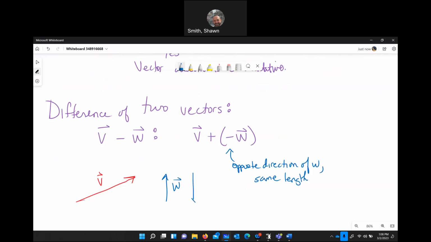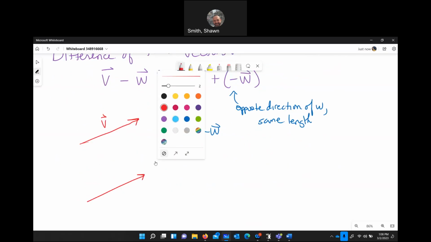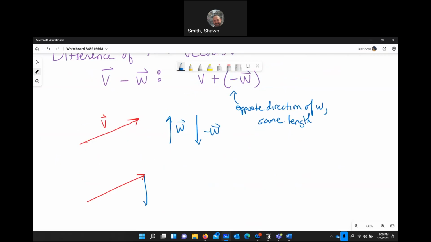So here is negative w. So now I just do the exact same thing I did before, attach to the first one's endpoint. Vector v minus w gives the result of this.